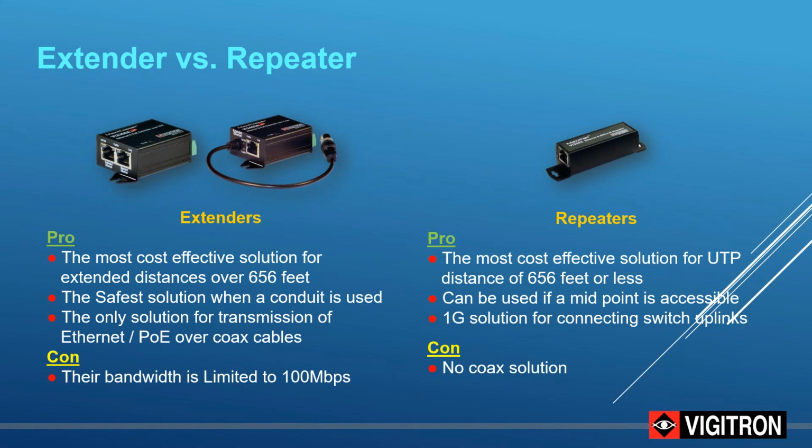What's the con? Their bandwidth is limited to 100 Mbps. Repeaters are the most cost-effective solution for UTP, notice not coax, but UTP, for distances of 656 feet or less. They can be used if the midpoint of the cable run is accessible, and they are a 1G solution for connecting switch uplinks.